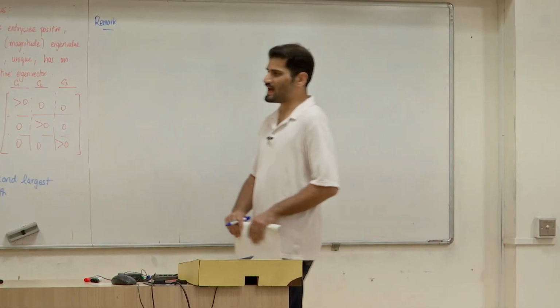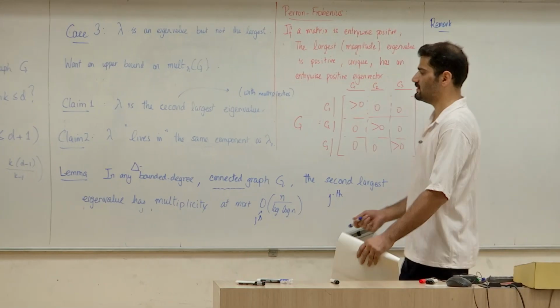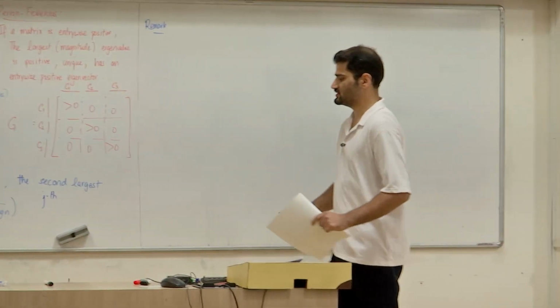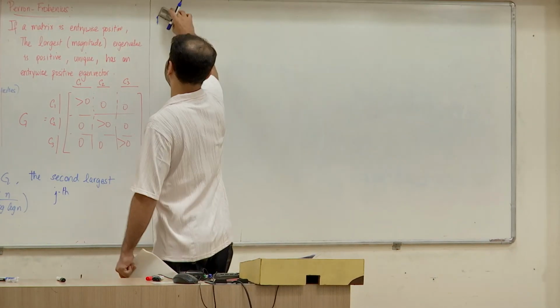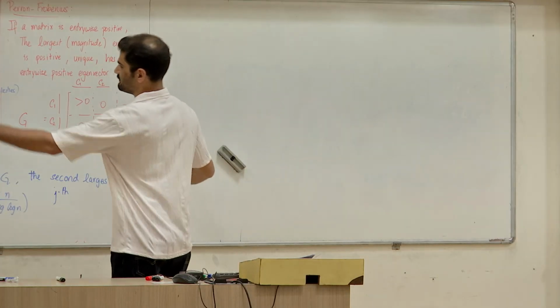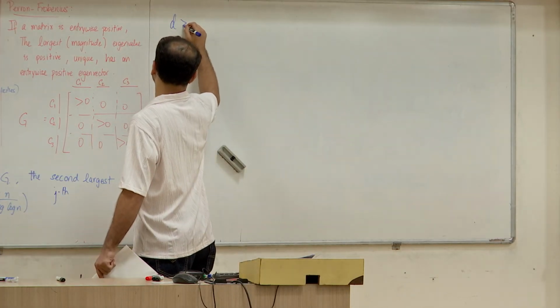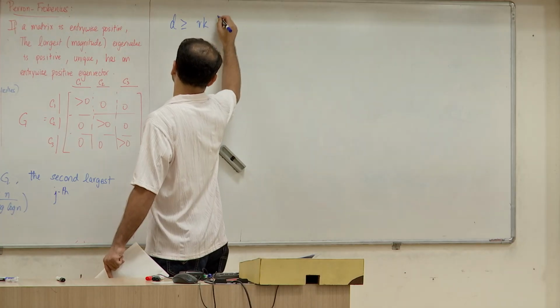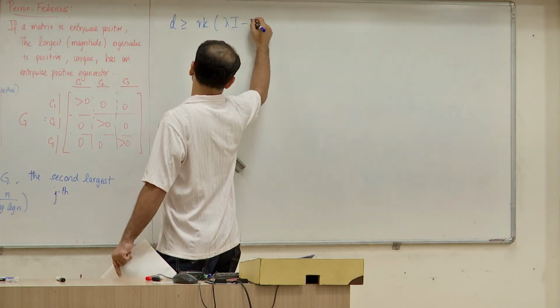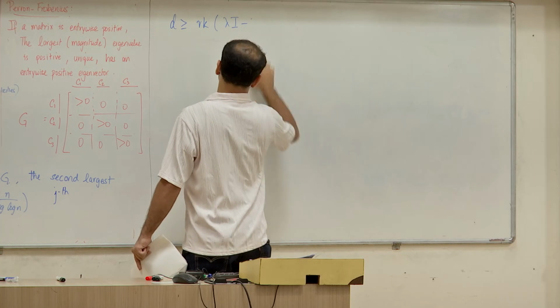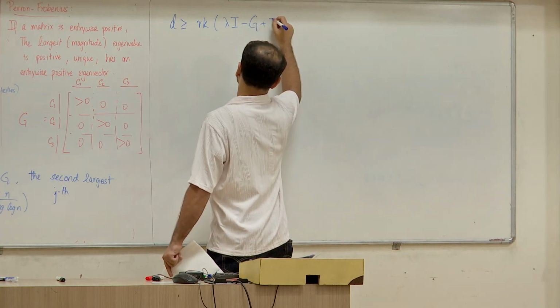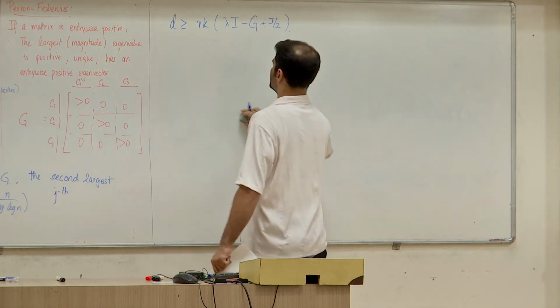Okay. So we have this lemma. Let us finish the proof assuming this lemma. So we have that the rank of this matrix is at most over 2.